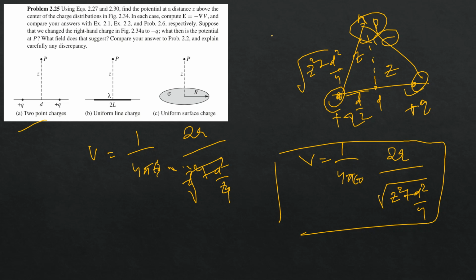Next question is this one, the middle one, uniform line charge density.